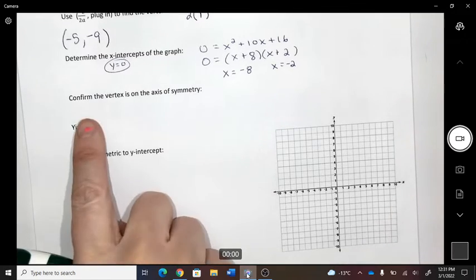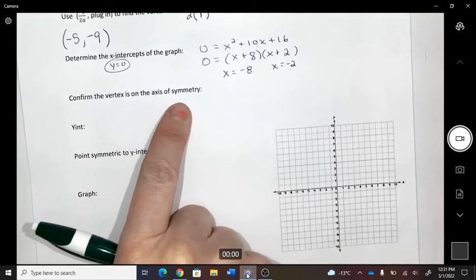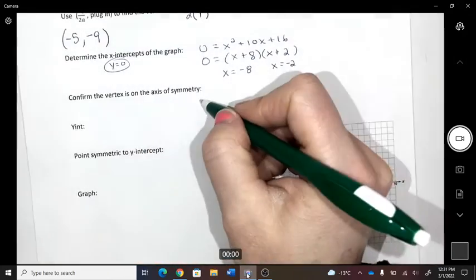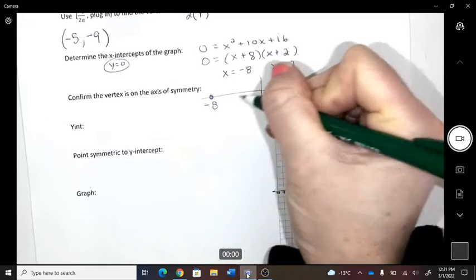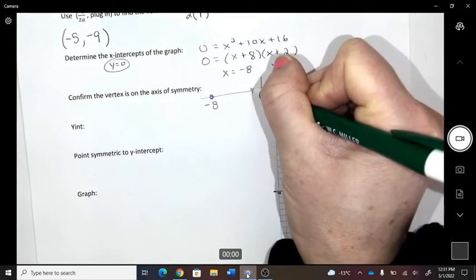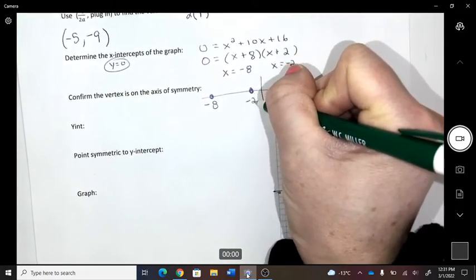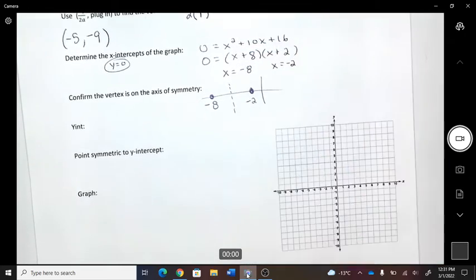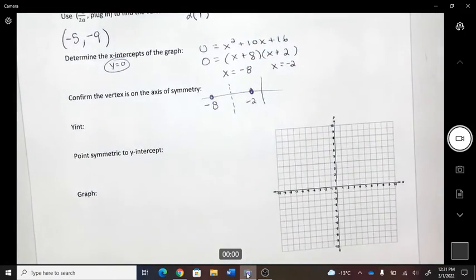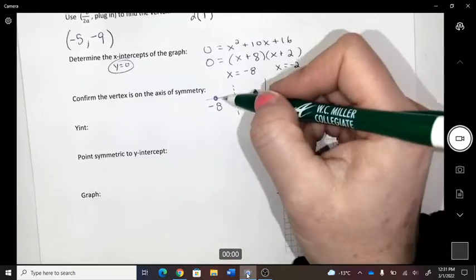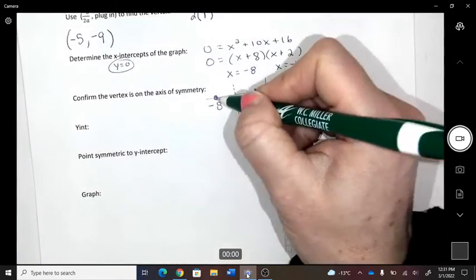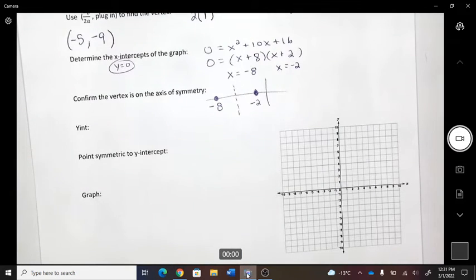Okay, confirm the vertex is on the axis of symmetry. So this is what I'm thinking. I know that if those are my X-intercepts, they're symmetric partners with each other. So the axis of symmetry should be right in the middle of them.